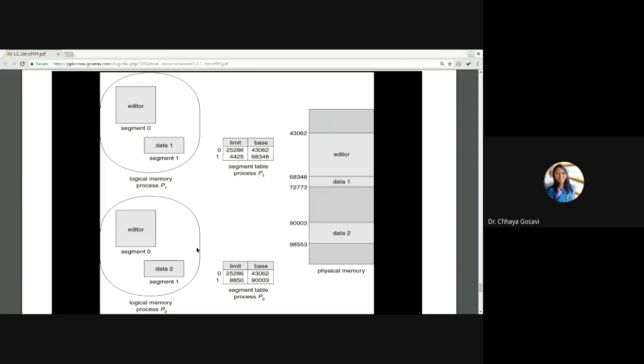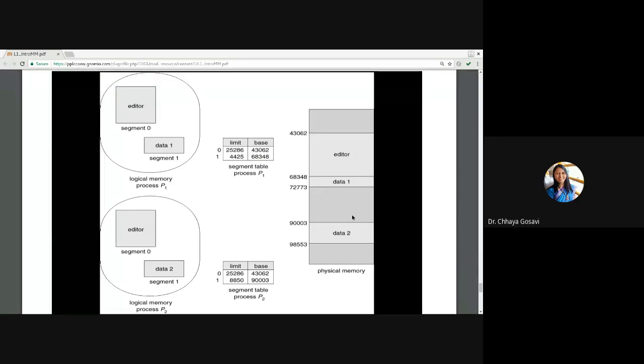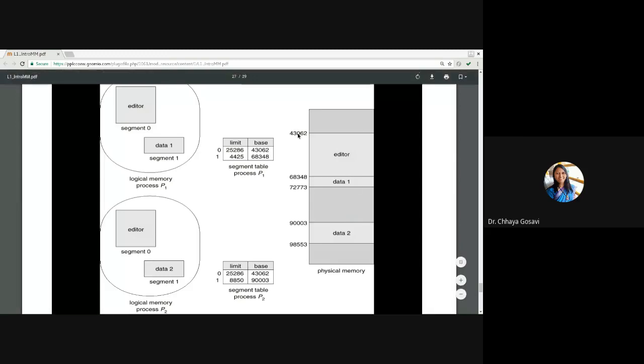Now for process 2, we can share the segments. The editor segment is already loaded and the same editor is used by process 2. Instead of loading it again, for example, if multiple programs are sharing the same library files, or some jar files or any particular component used by many programs, instead of loading it several times, it can be loaded only once and the same base address and limit are copied here.